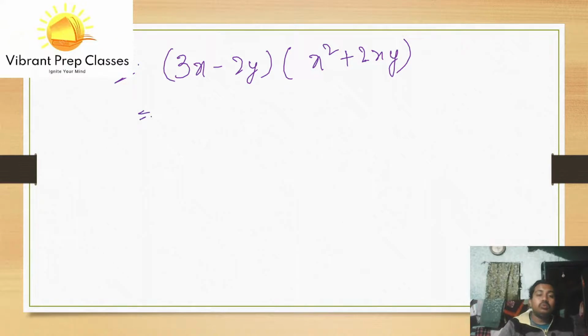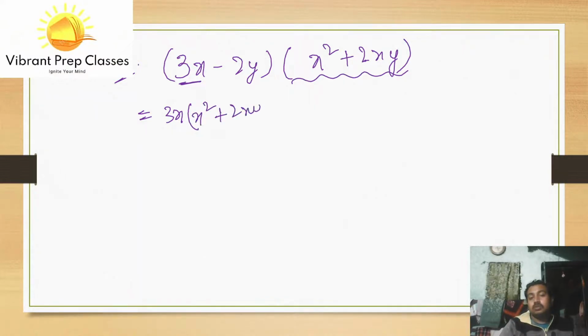So what we do, we write 3x and this complete thing, x² plus 2xy. Then we write minus 2y and this complete thing, x² plus 2xy.